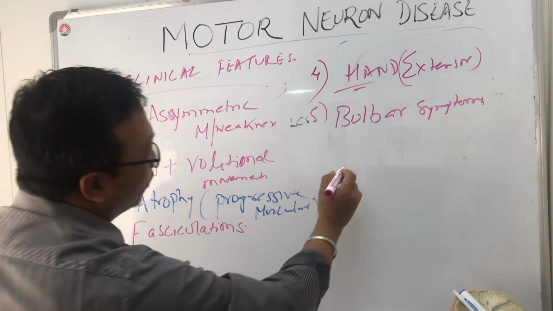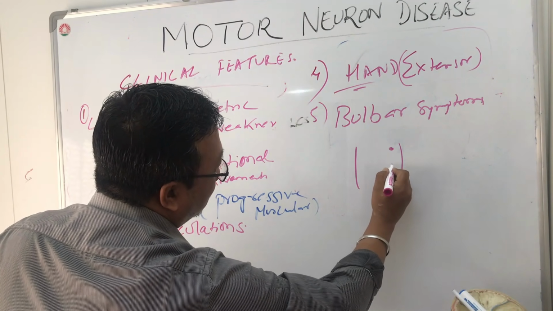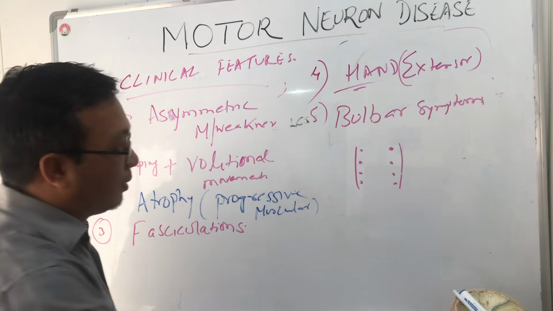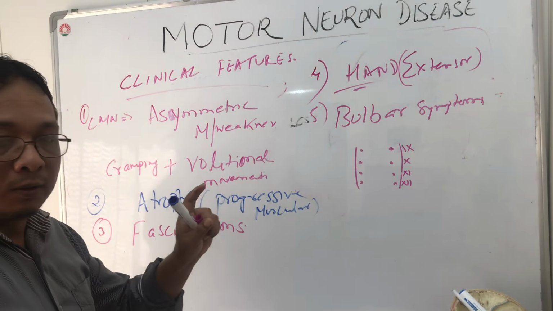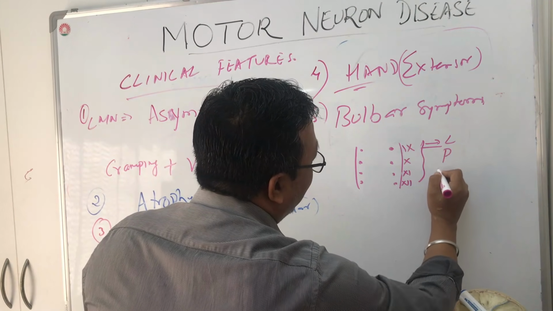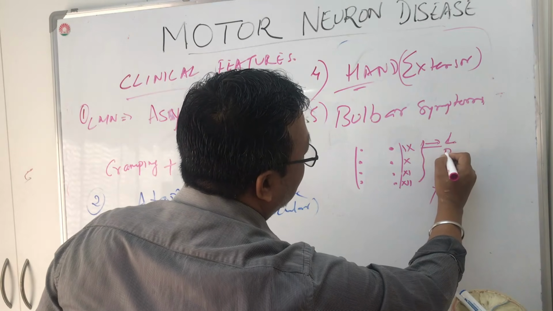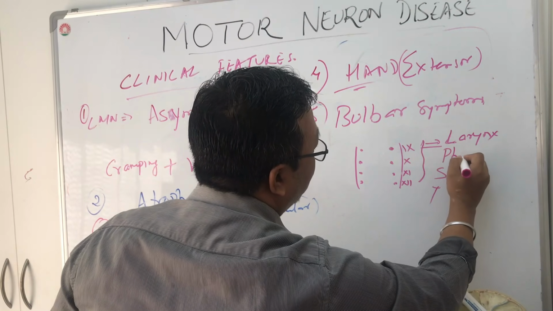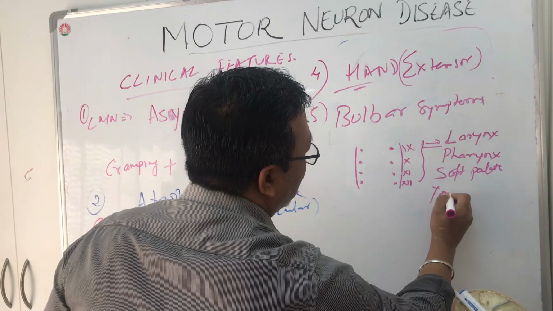Bulbar symptoms. So we know that in the medulla there are four cranial nerve nuclei, which are the 9th, 10th, 11th, and 12th. Also from the last class, we know they supply LPST: L for larynx, P for pharynx, S for soft palate, and T for tongue.